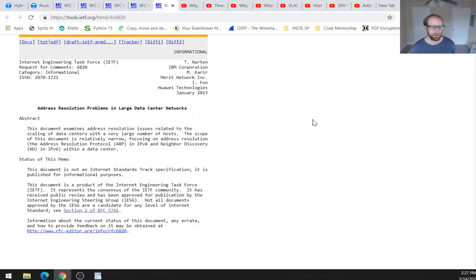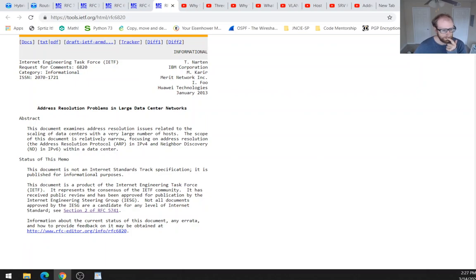The scope of this document is relatively narrow and focuses on address resolution, the Address Resolution Protocol ARP in IPv4 and Neighbor Discovery in IPv6 within a data center. Status of this memo: this document is not an Internet Standards Track specification. That's interesting. It is published for informational purposes.